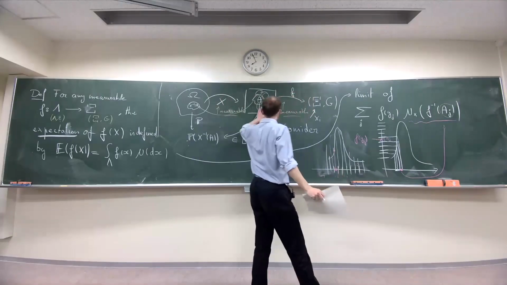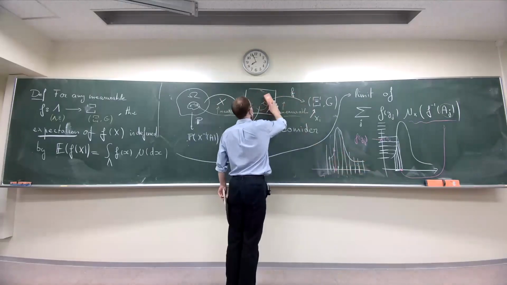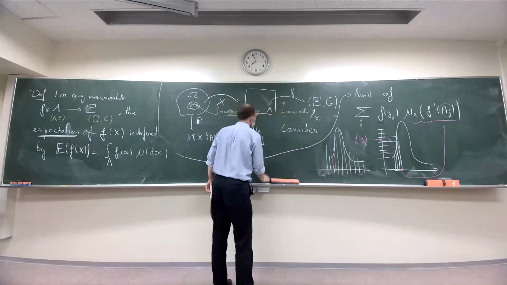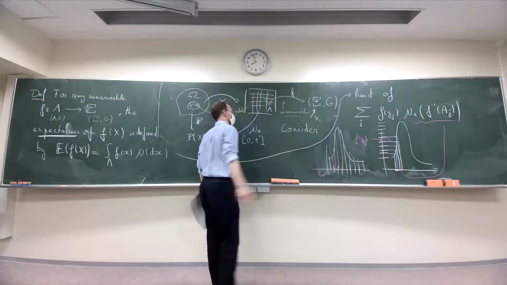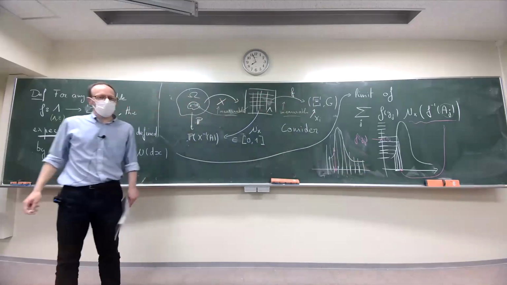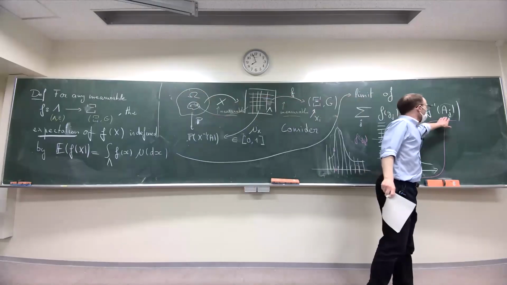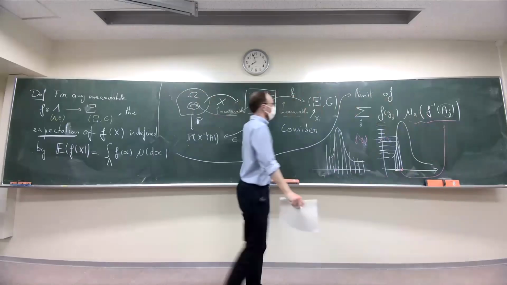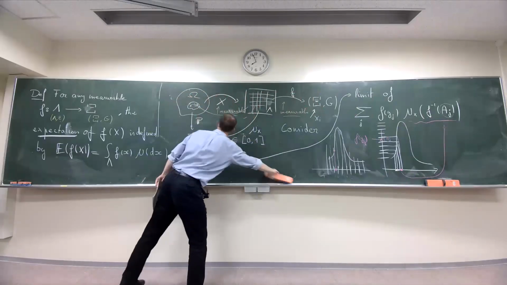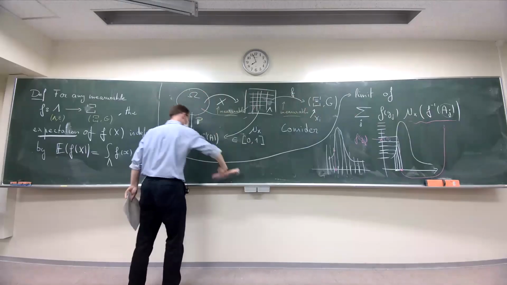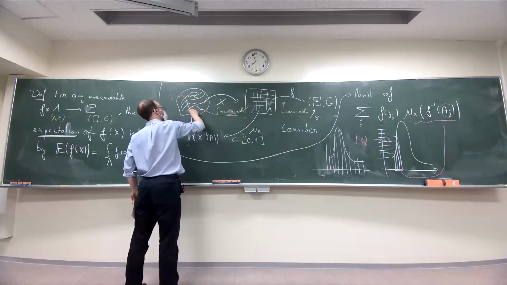You take them disjoint. Sorry, my picture is not good. If I want to draw a partition which does not overlap, I should do something like this. I take a partition of this, and I look at the preimage here. This is going to be a partition like this.